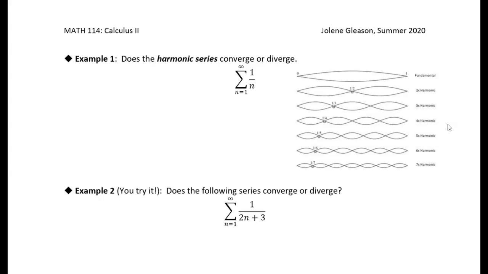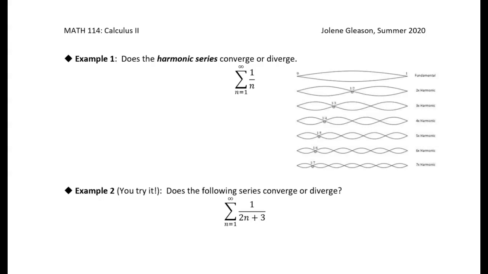If you pluck a string, you get a fundamental frequency determined by the length of the string. But then you get these resonant frequencies that are 1/2 the wavelength, and 1/3, and 1/4, and 1/5, and 1/6.